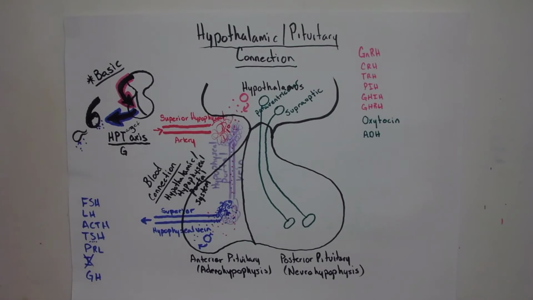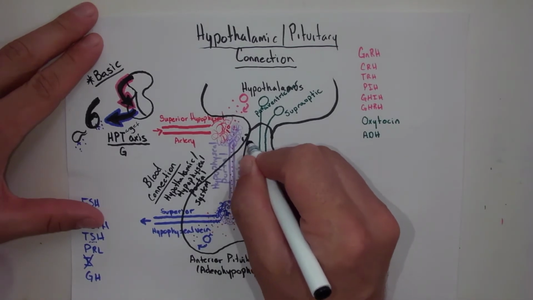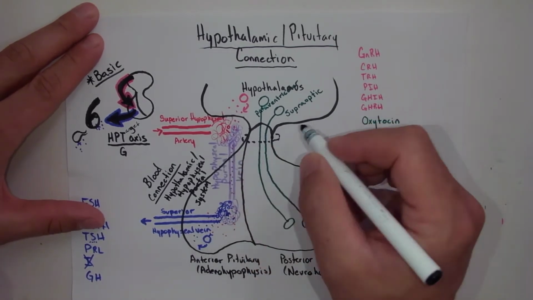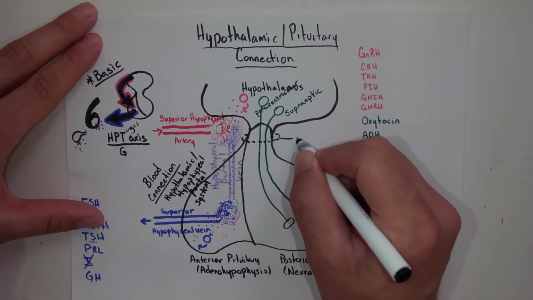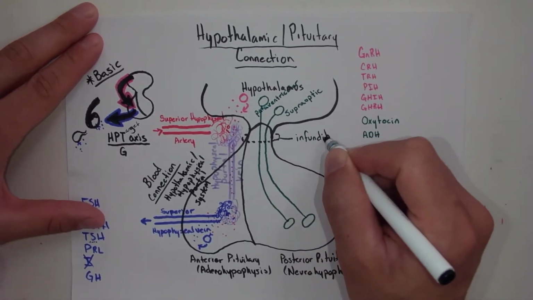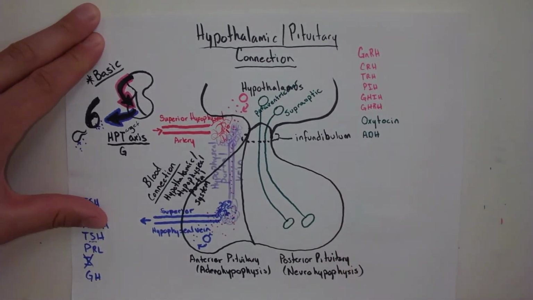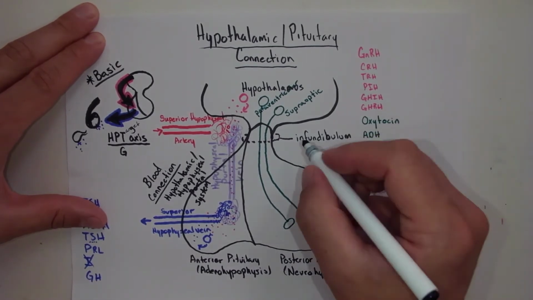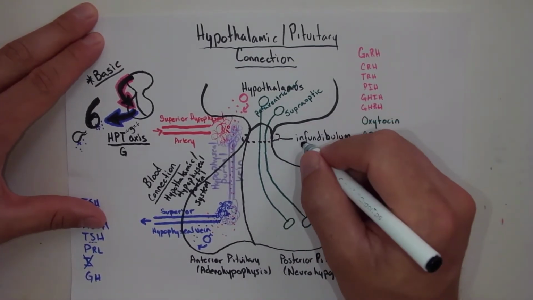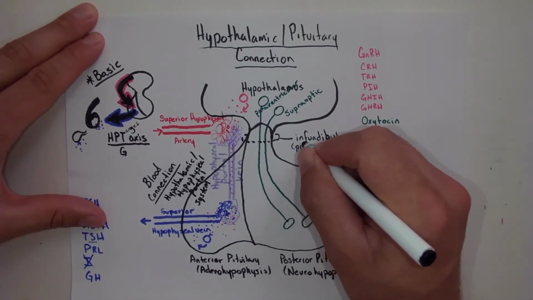Now, the pituitary stalk, or the infundibulum. Lots of infundibulum in the body. We saw one associated with the fallopian tubes. The infundibulum, or the hypothalamic pituitary stalk, we'll go with.